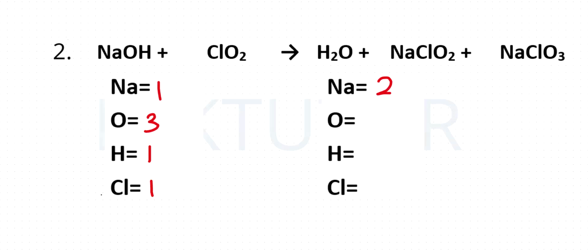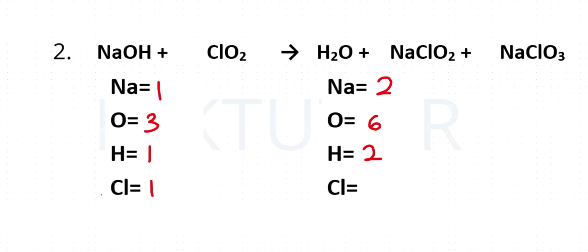So I have 6 atoms of oxygen there altogether. What about hydrogen? I have 2 atoms of hydrogen here, so I'm going to put that there as well. That is 2. Now for my chlorine here, I have 1 atom of chlorine here, and then another atom of chlorine here, altogether making it 2 atoms of chlorine.